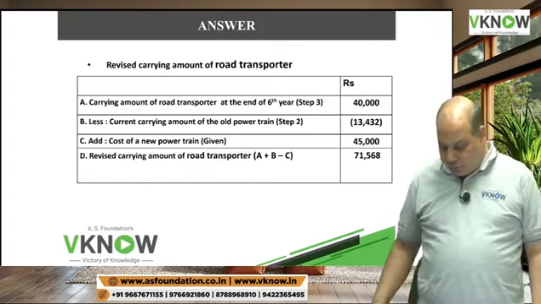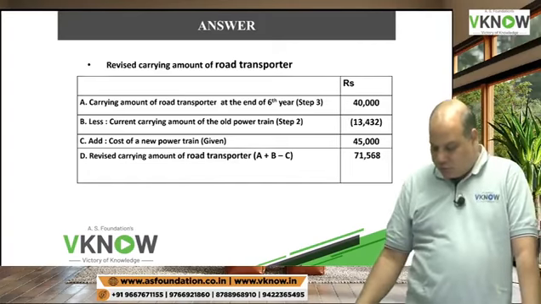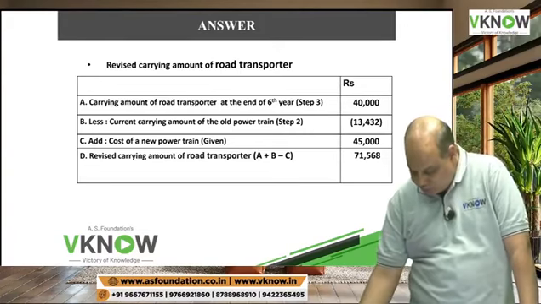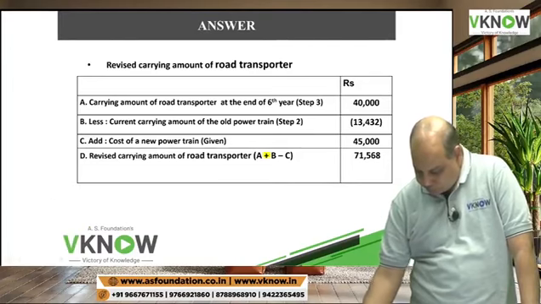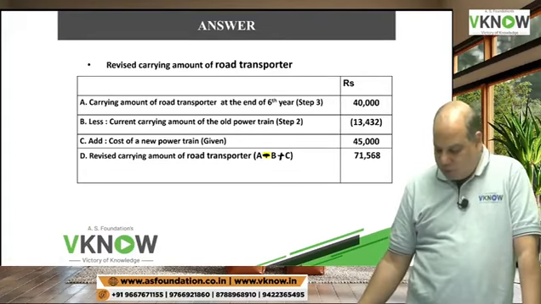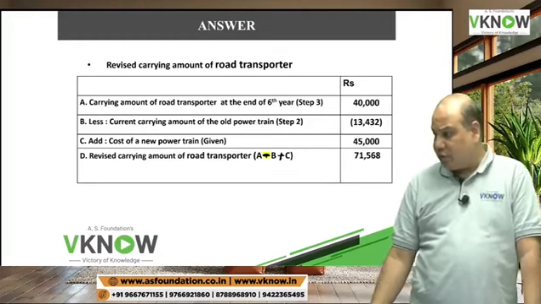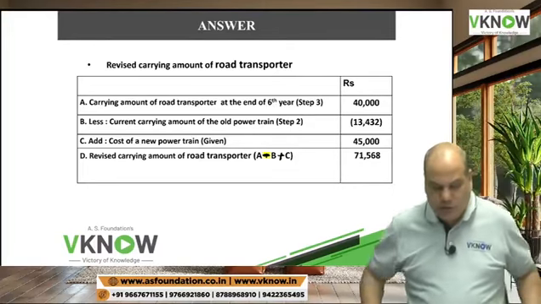Point D, revised carrying amount of the road transporter, A minus B plus C, 71,568. Is it right? 71,568.